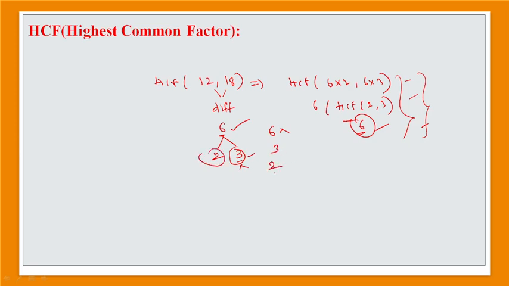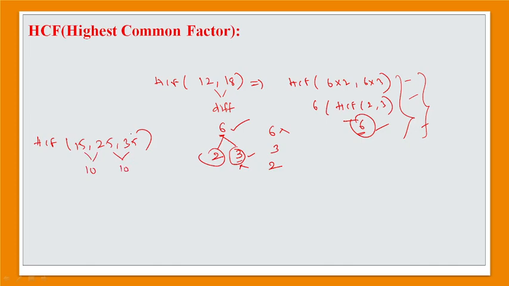Likewise, in the previous example we consider one more example: HCF of 15 comma 25 comma 35. What I told you is to take the difference between the numbers. What is the difference between 15 and 25? The difference between 15 and 25 is 10, and the difference between 25 and 35 is also 10.